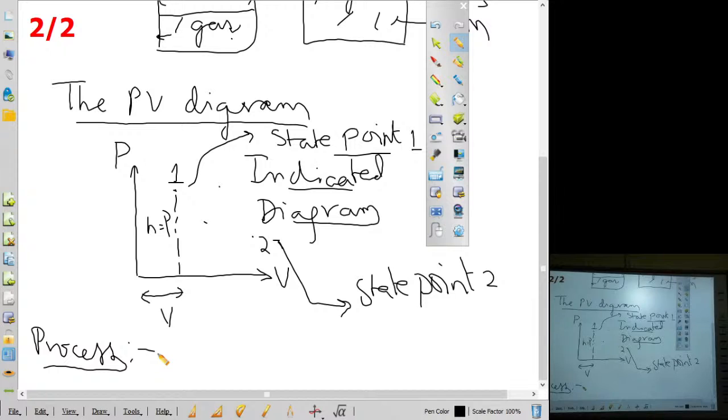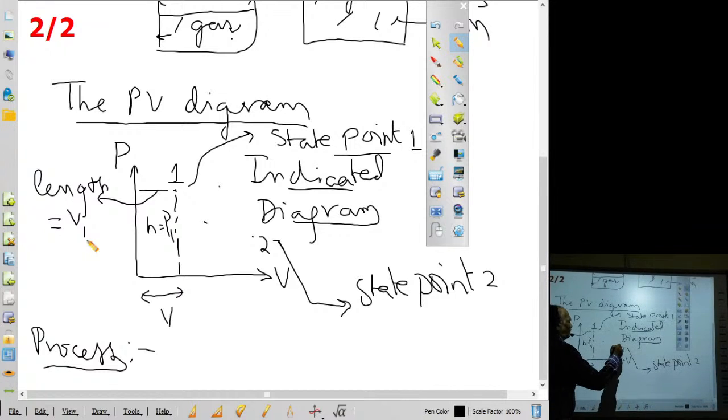And for a gas also, you can see at point 1, the height is the pressure, so at point 1 some pressure is there. And at point 1 some volume is also there. Here, length is equal to volume V1. At point 1, volume is V1.